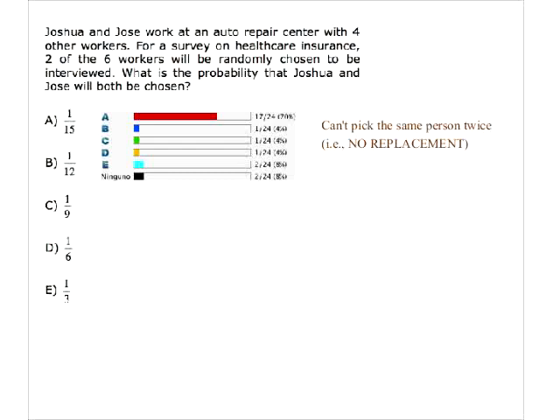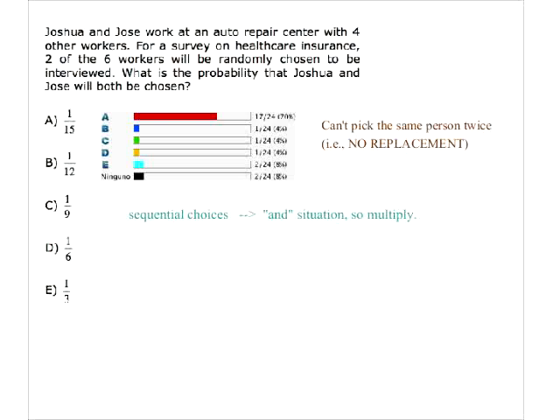Remember, these are sequential choices without replacement. You want Joshua and Jose. It's an and situation, so multiply. We have to consider order.